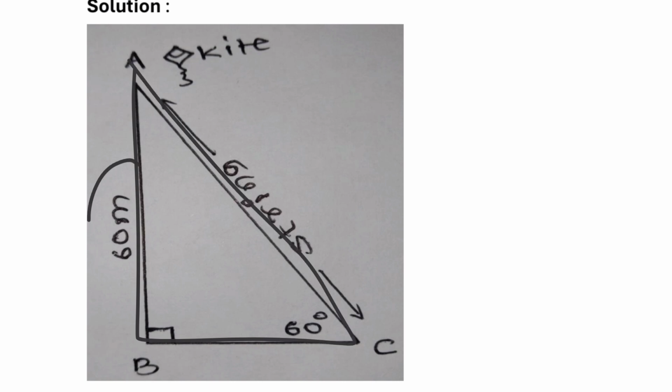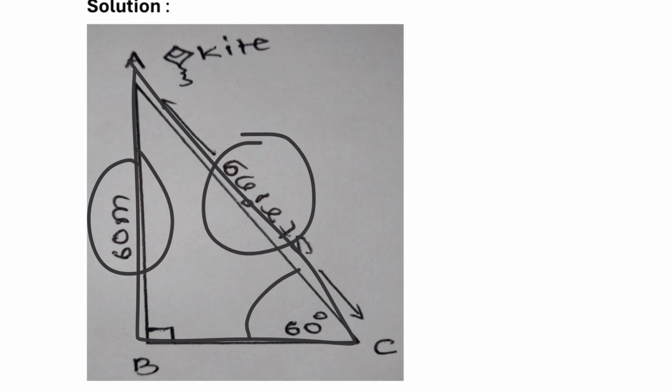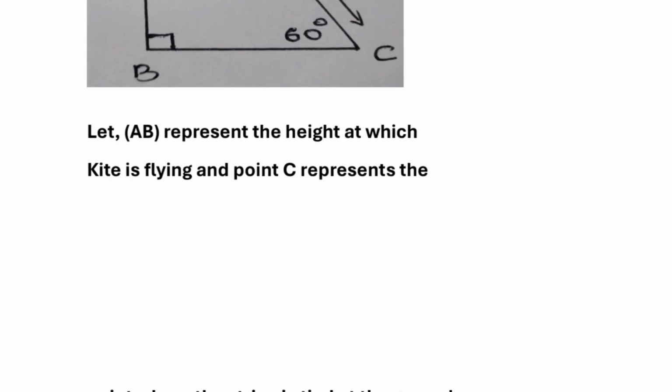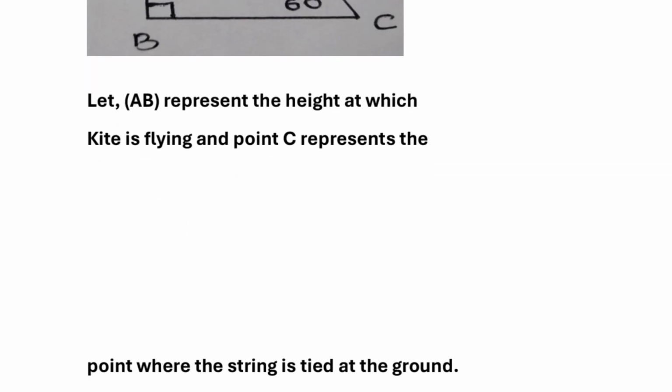In right angle triangle ABC, AB is equal to 60 meter, angle ACB is equal to 60 degree. We don't know the length of string. We will find this by using sin 60 degree.